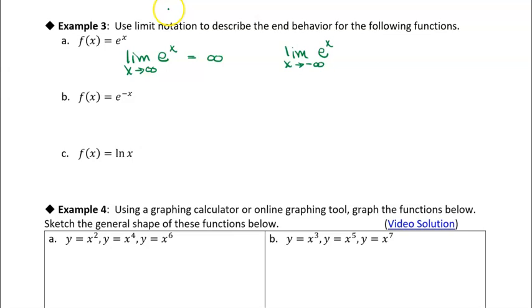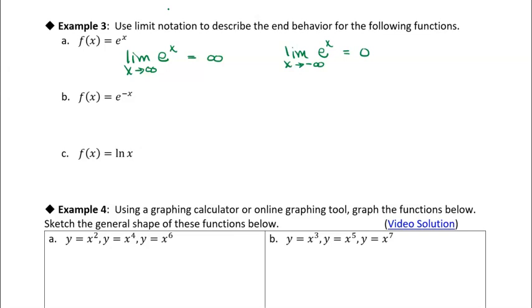So remember when x is negative, this is essentially the reciprocal, and so we're dividing 1 by larger and larger numbers, and we found in example 1 that this limit goes to 0. So that's how we describe end behavior. We look at the limit as x goes to infinity and x goes to negative infinity, usually. All right. But let's go ahead and look at the next one.